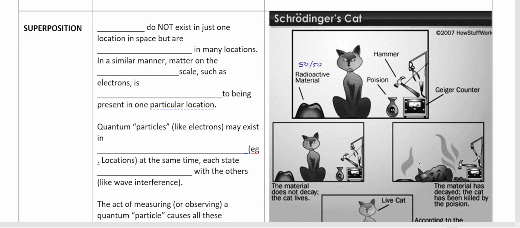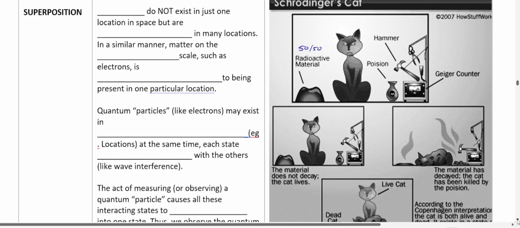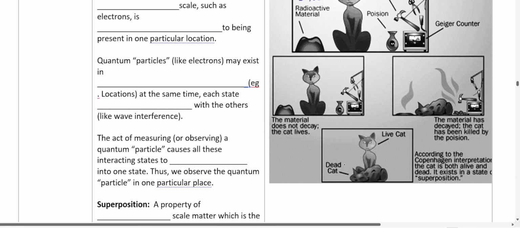So there's a 50-50% probability of realities. Either the cat is alive or the cat is dead. The concept of superpositioning says that if you are unable to observe either of these realities because the box is closed, then essentially we say that the cat is both alive and dead at the same time, and only the act of observing it will make one of the realities come true.